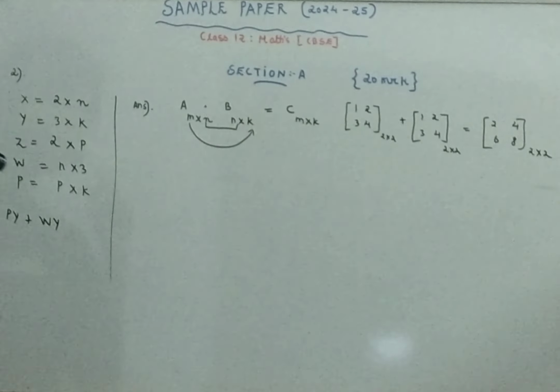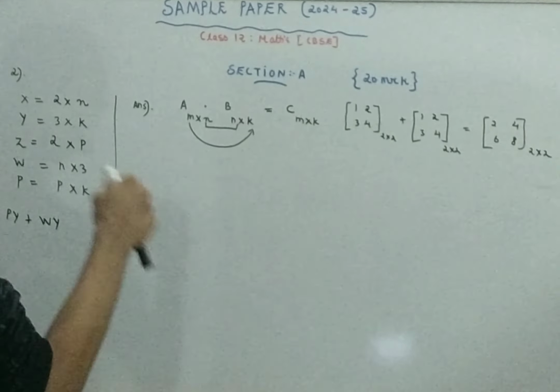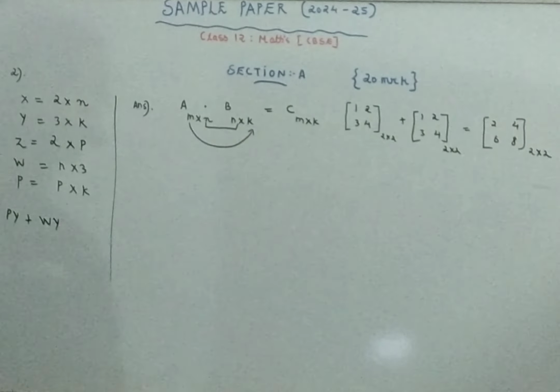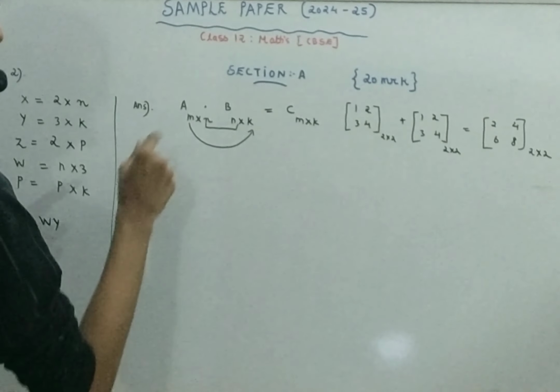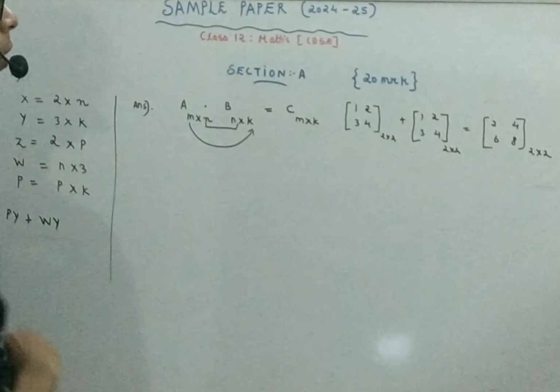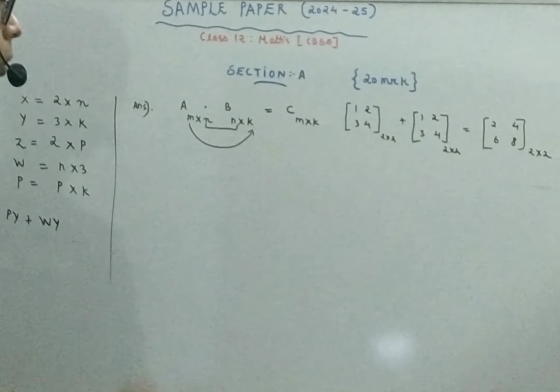Now in order to do this question, here we are using the concept of matrix multiplication. If you remember, when can we multiply two matrices? Let us consider matrix A of order m cross n and B of n cross k.